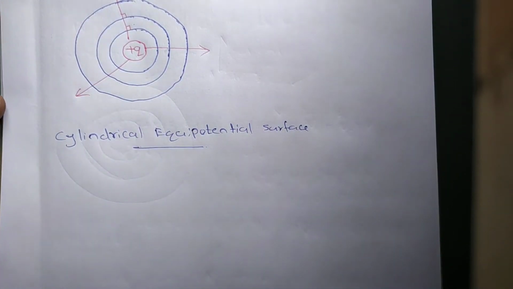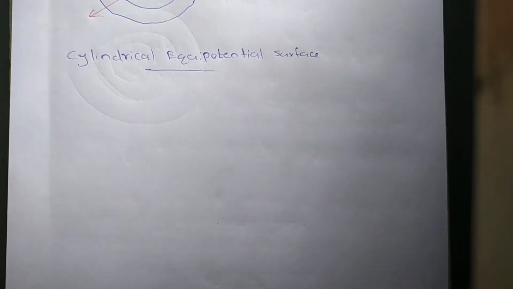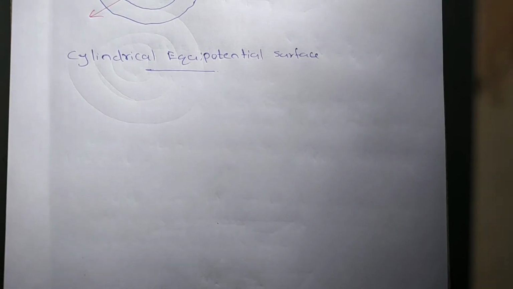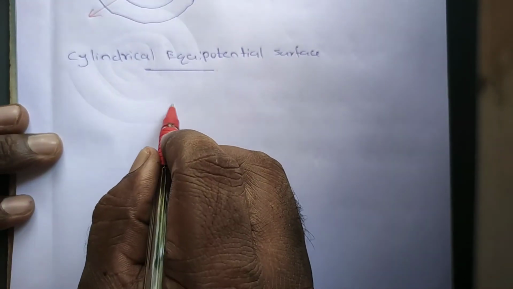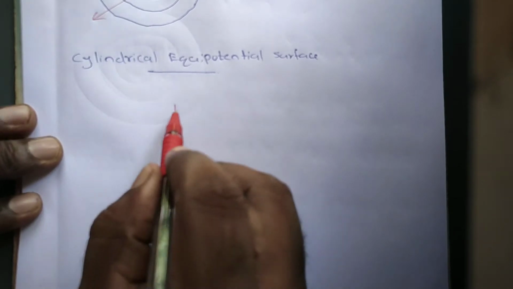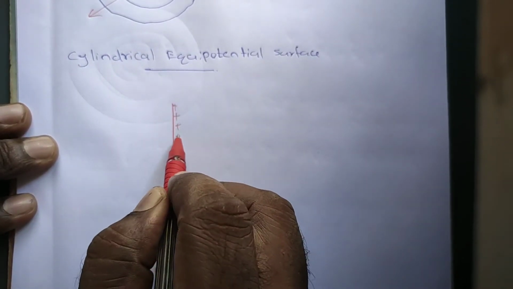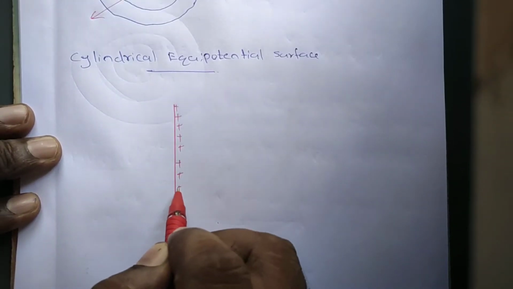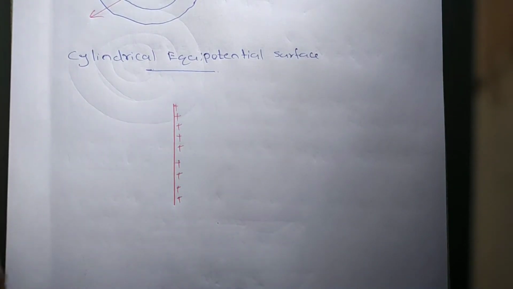Cylindrical equipotential surface. Clear? So here we are going to consider a line of charge. This is the line. Here the positive charges are uniformly distributed all over the line. So this will produce electric field in all directions.